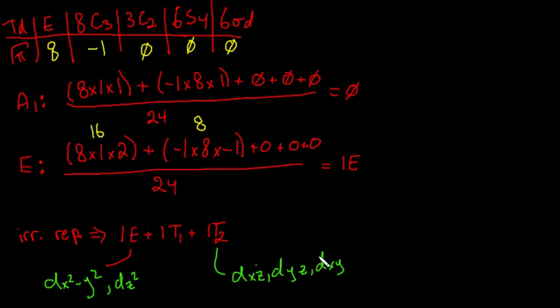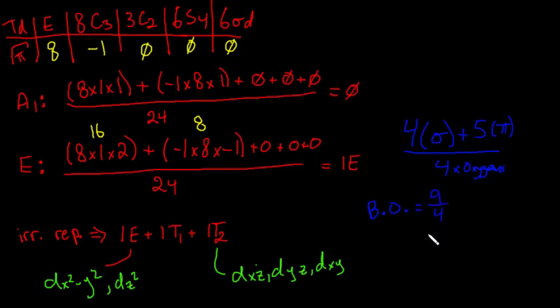But if you consider the orbitals, you realize that you actually have 4 orbitals from the sigma bonding, and then 5 orbitals from the pi bonding over 4 oxygens, and therefore the bond order in this case should be 9/4, which is slightly more than a bond order of 2.